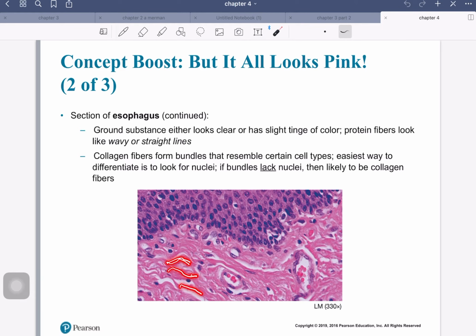And later on, when we get to connective tissue, we'll talk about exactly what type of tissue that is. You see the collagen fibers are not organized in a perfect way. They seem to be going off in slightly different directions. And that can be a key clue as to what type of tissue you're looking at.